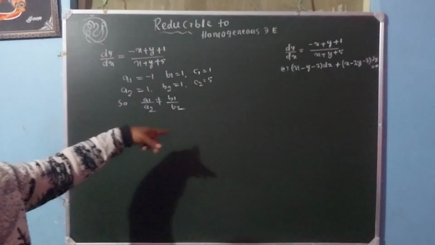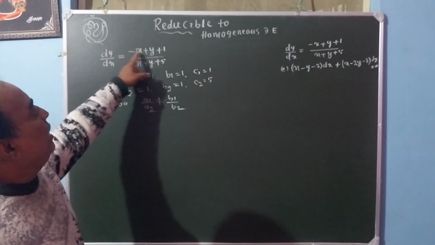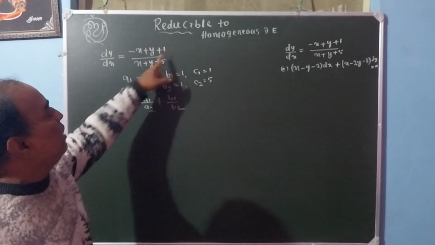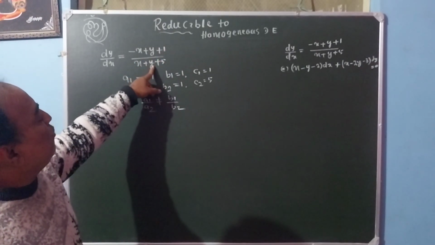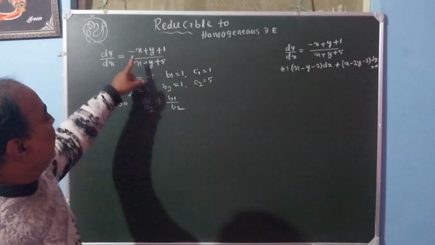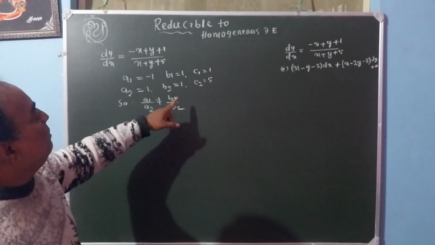The coefficient of x is a1, coefficient of y is b1, and the constant is c1. Here the coefficient of x is a2, the coefficient of y is b2, and the constant is 5. So a1 by a2 is not equal to b1 by b2.